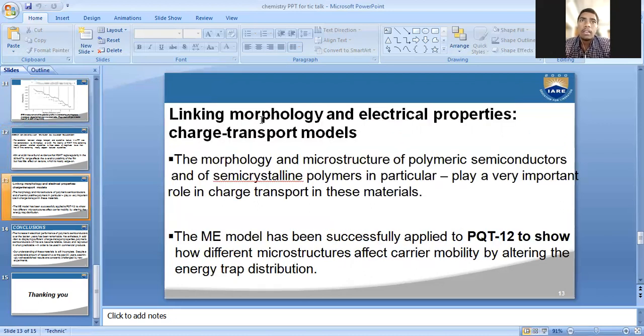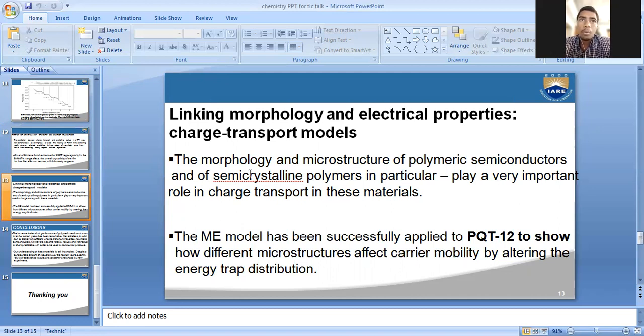Linking morphology and electrical properties: charge transport models. The morphology and microstructure of polymeric semiconductors, and of semicrystalline polymers in particular, play a very important role in charge transport in these materials.